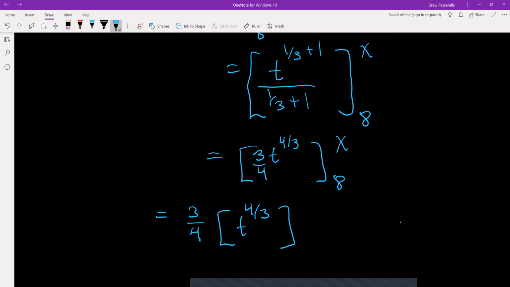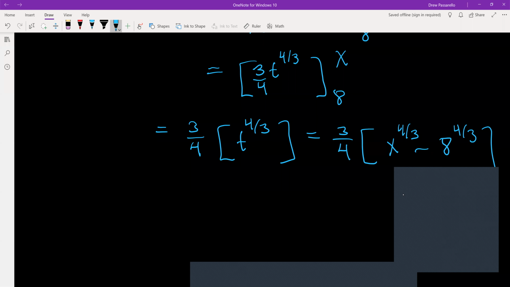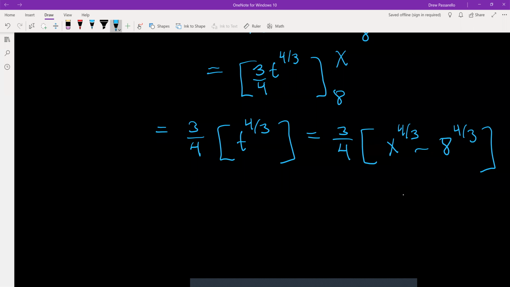All right, so that's going to be 3/4 times x to the 4/3 minus 8 to the 4/3. All right, then I distribute 3/4.